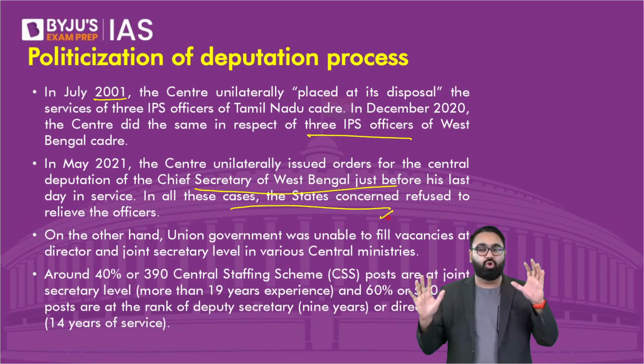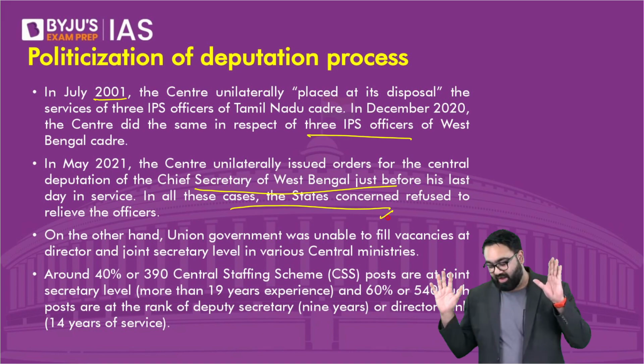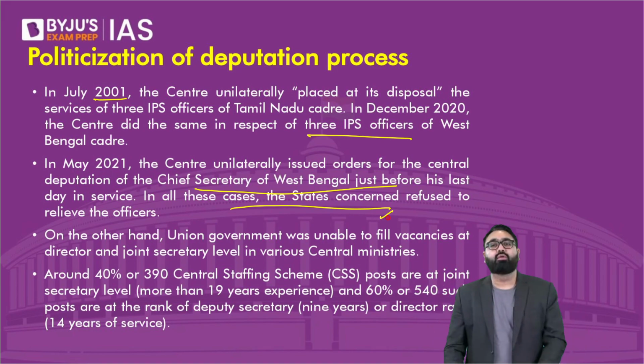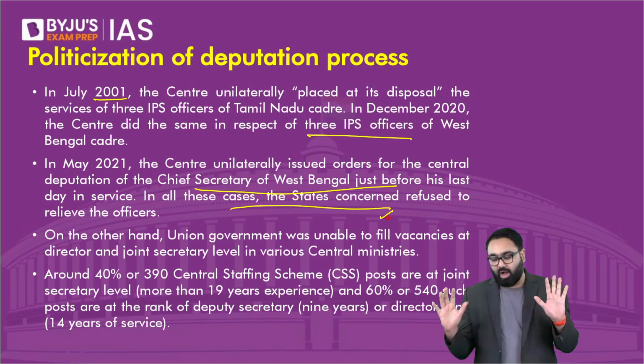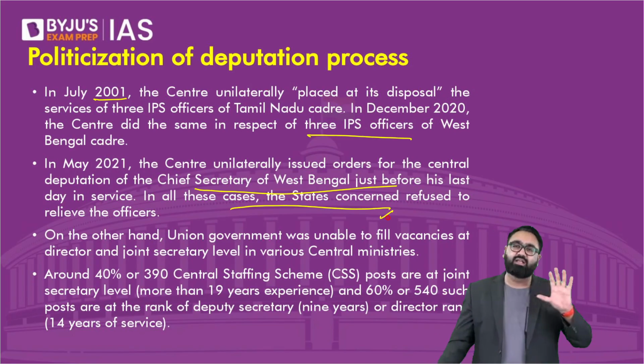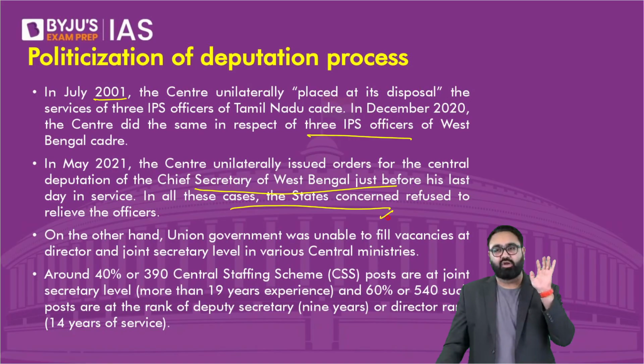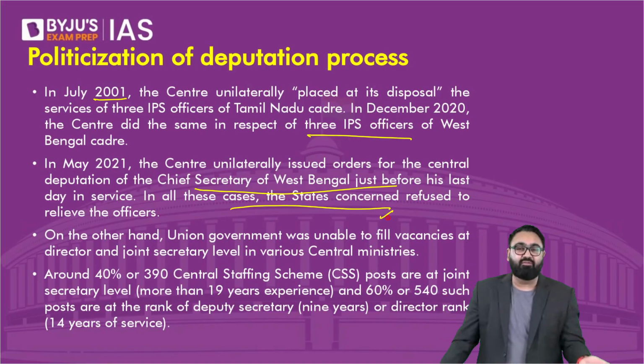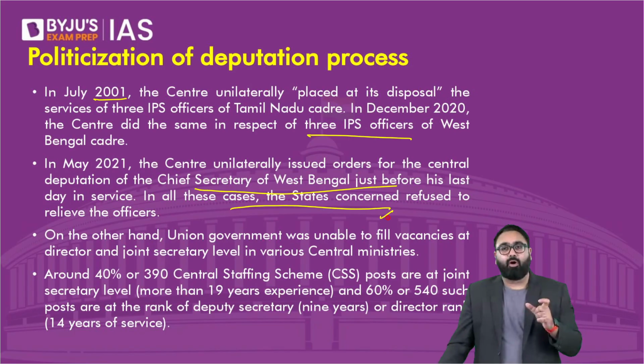I don't know. I am not from the government. Many people have asked the government, why are you not recruiting more? Government says we recruit 180 IAS officers every year. 180 is good enough. But on the other hand, there are vacancies also, and that is not being filled. That is a big problem.